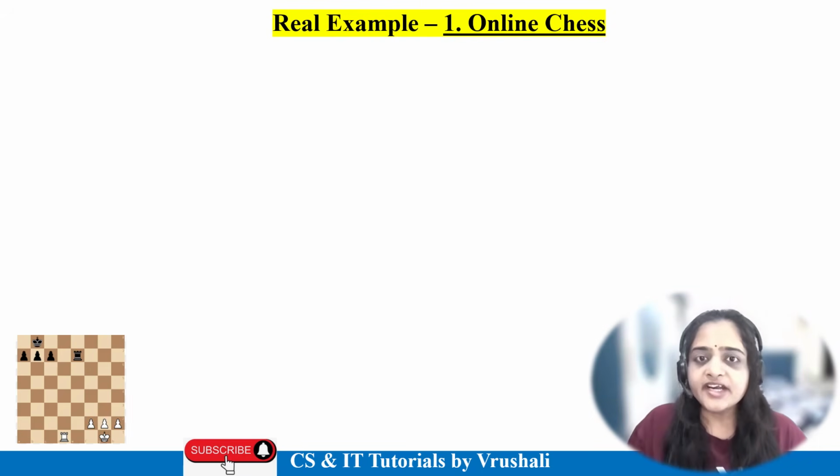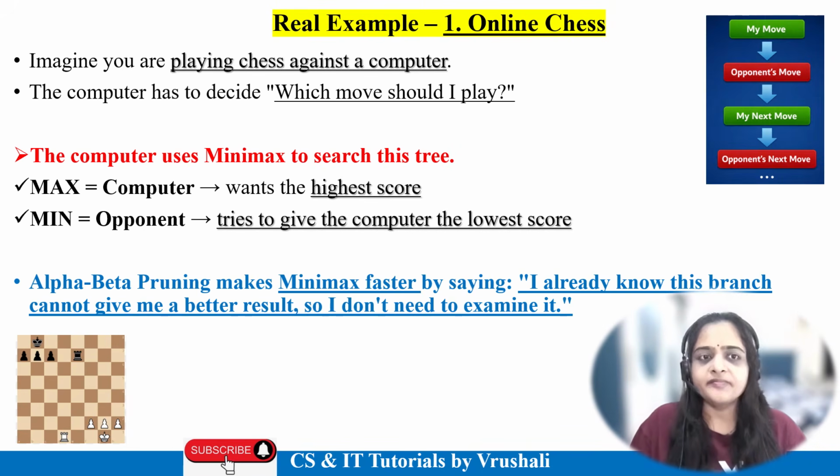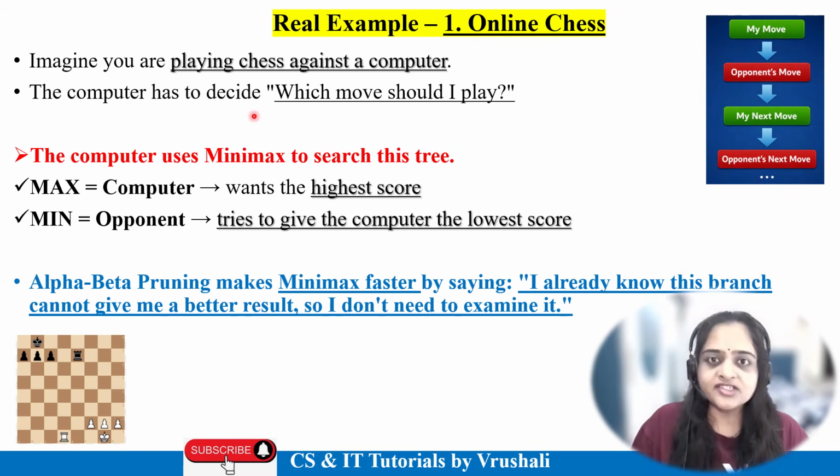Now let's understand the first real life example, that is online chess. I think you are all familiar with this example. Imagine that you are playing chess against the computer, and the computer has to decide which move it should play. So there are a total of two players. One is the computer, another one is the opponent.